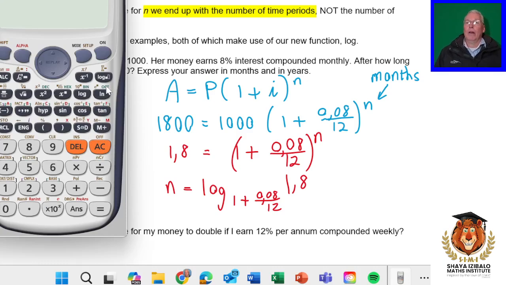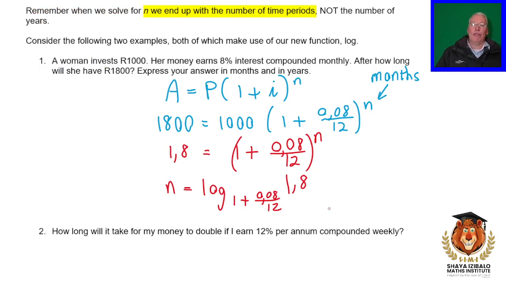So log base 1 plus 0,08 over 12 of 1,8, and we get 88,46, so 88 and a half. That's months. Okay, let's round it to the nearest month. So 88 months.